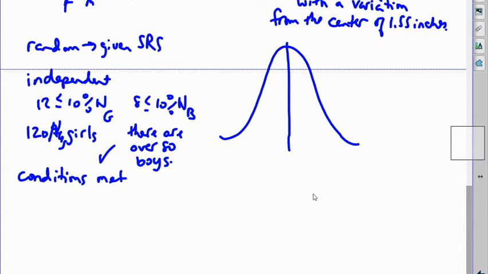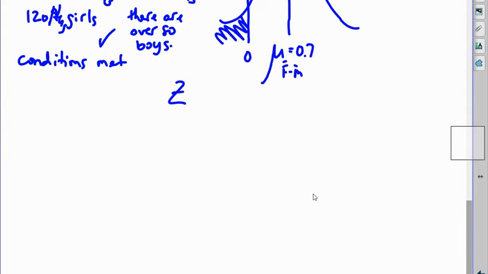The mean will be what I found the center to be, which was females minus males, and I'm going to just say that that's 0.7. And I want to know the probability of getting below a 0. So let's do the z-score for that. 0 minus 0.7, right?